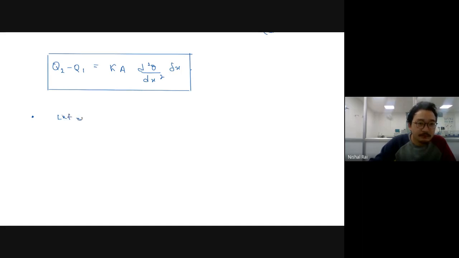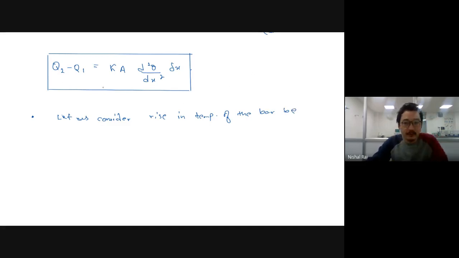Let us consider the rise in temperature of the bar, because we know how the temperature changes with respect to time. d theta by dt is how it changes with time, and this is how it changes with space.